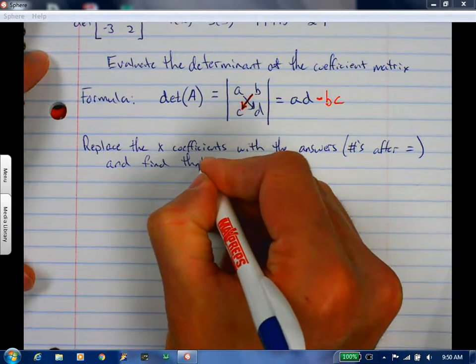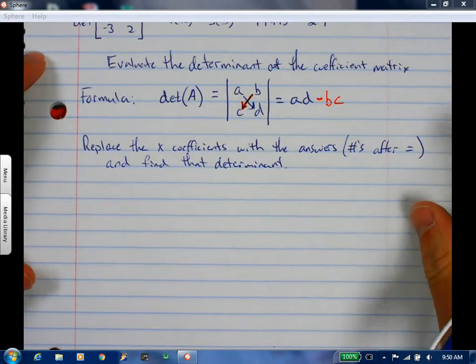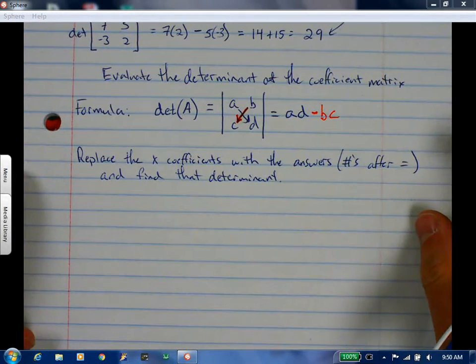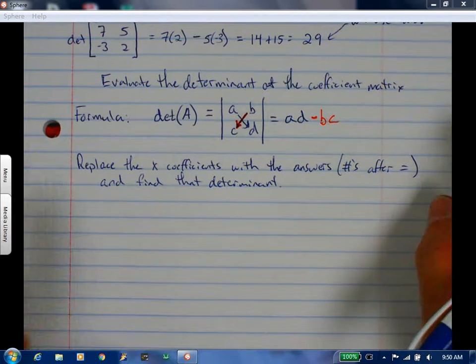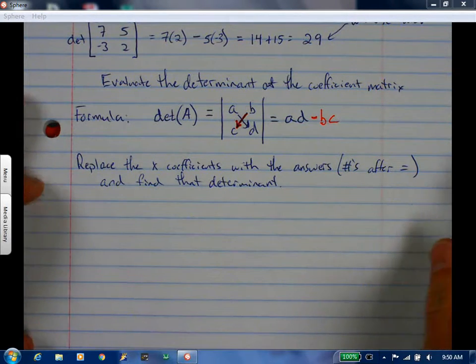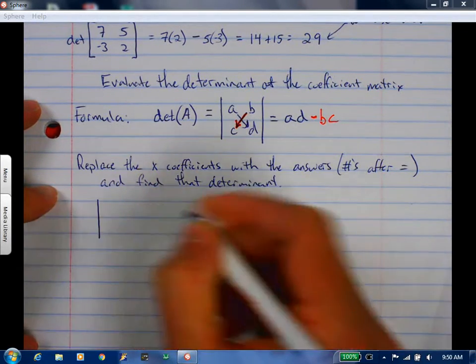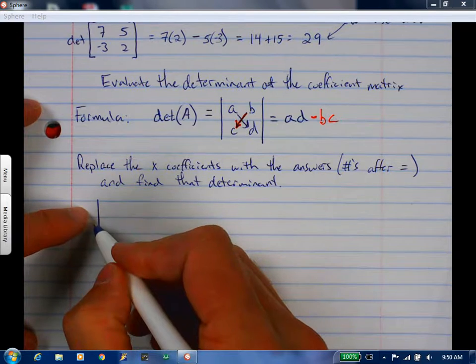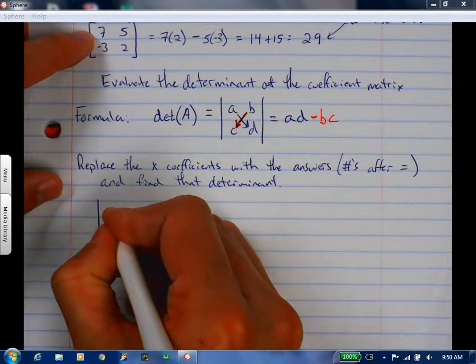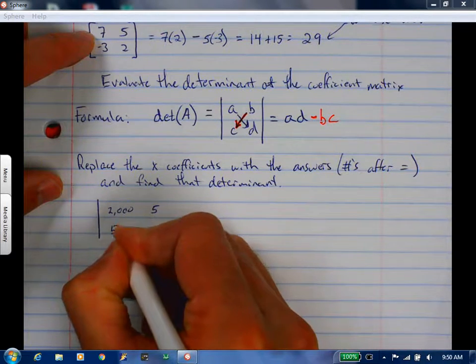So we're going to replace the numbers that are in the x column, so the 7 and the -3, with the numbers that are after the equal sign, and we're going to find a new determinant. So it looks like determinant, vertical line, 2005, 5002.